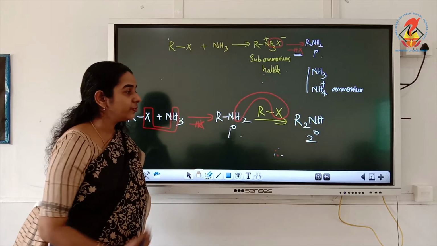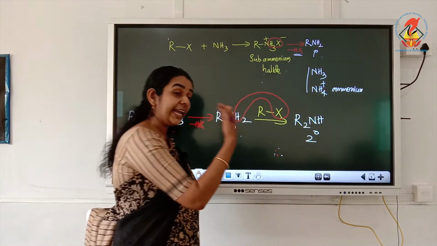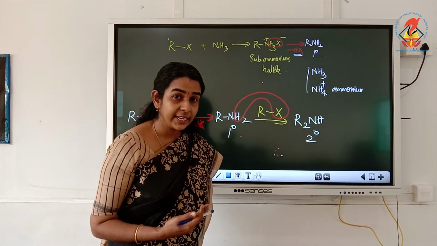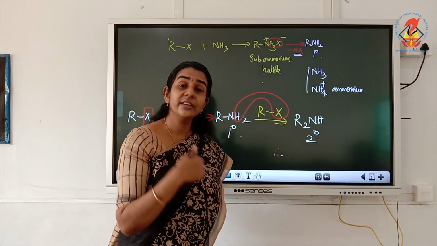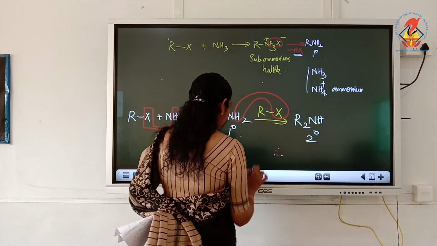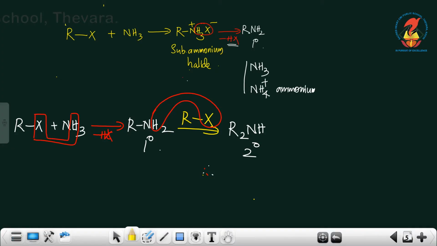So we are getting a secondary amine. Now look at the structure of secondary amine. Again on the nitrogen atom we have one more hydrogen to replace by an alkyl group, isn't it? So this secondary amine again will be reacting with what? Not with ammonia.